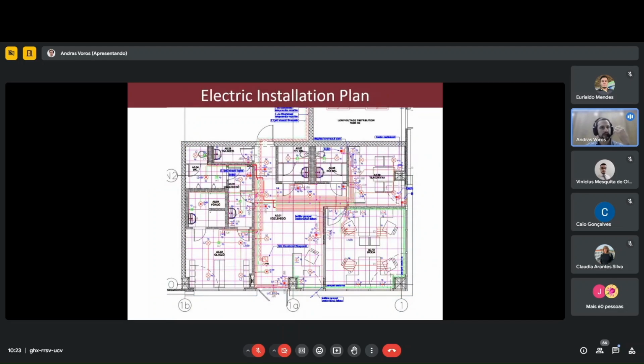Something that is closer to my domain is the electric installation plan. So today I was struggling to find plugs here in the office. So this kind of plan would be really helpful for me to start the first presentation in time. Anyway, they have different advantages, different kinds of information.